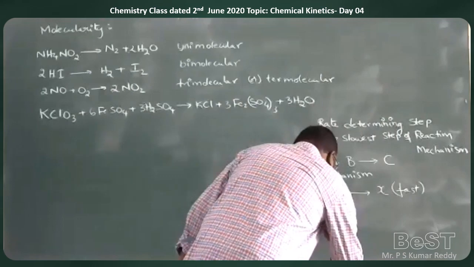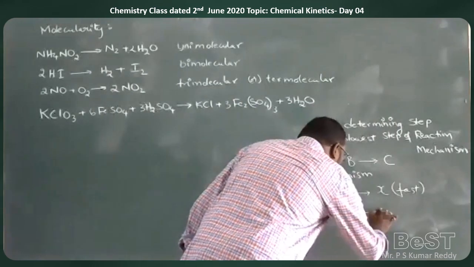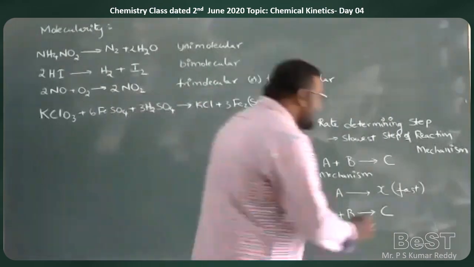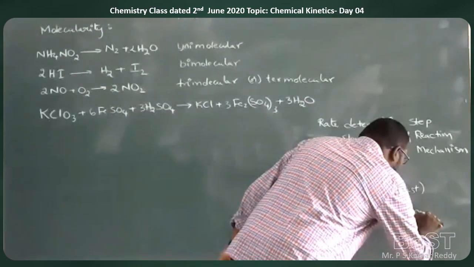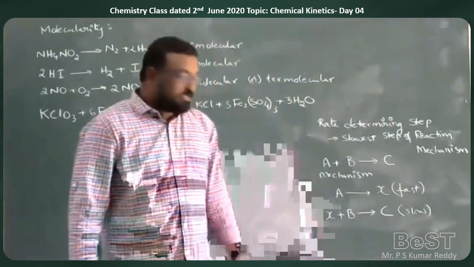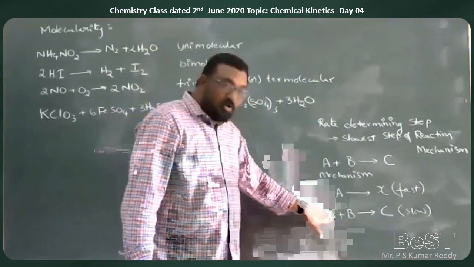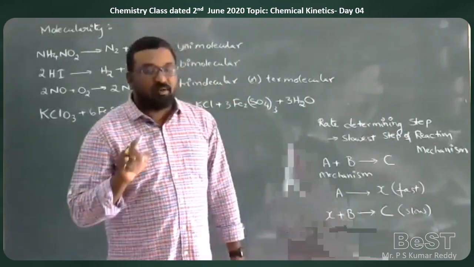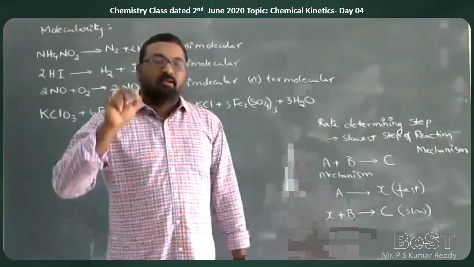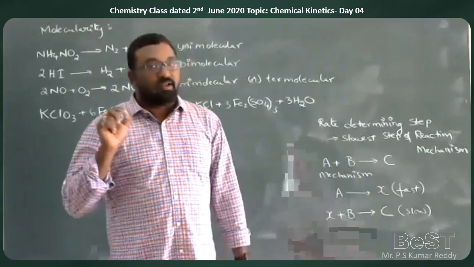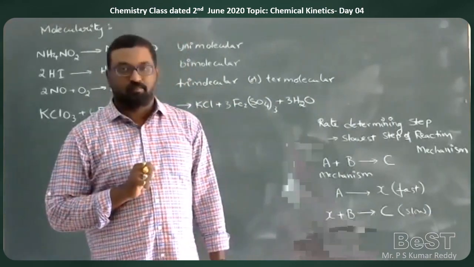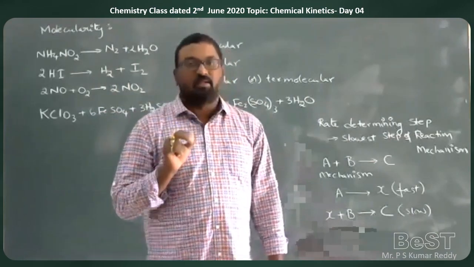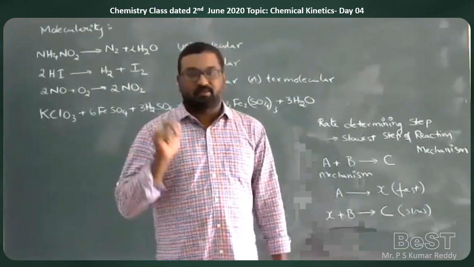Then X reacts with B to produce C. Let us think that this is a slow reaction. So in the slow reaction, how many molecules are present here? 2 molecules are present. So automatically here the order of the reaction will be 2 and the molecularity will also be 2. So the slowest step of the reaction mechanism will determine the rate of reaction.